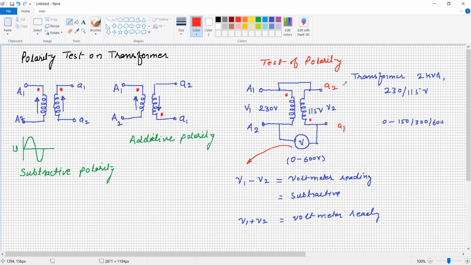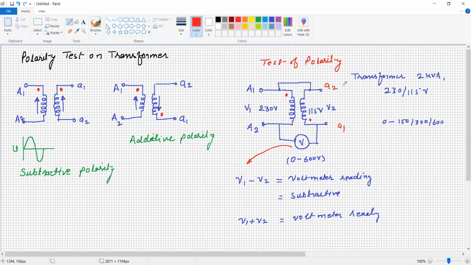Similar polarity, whatever the direction of windings, is such that the EMF induced in the one winding in the positive half cycle has a different magnitude depending upon the number of turns, but during that instant the EMF induced in the second winding is also in the same direction, and they are the same polarity terminals.